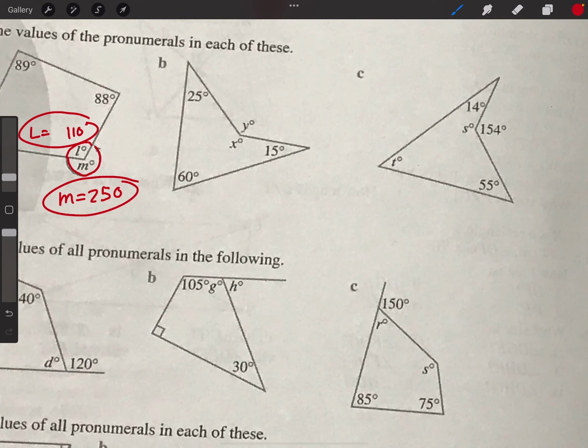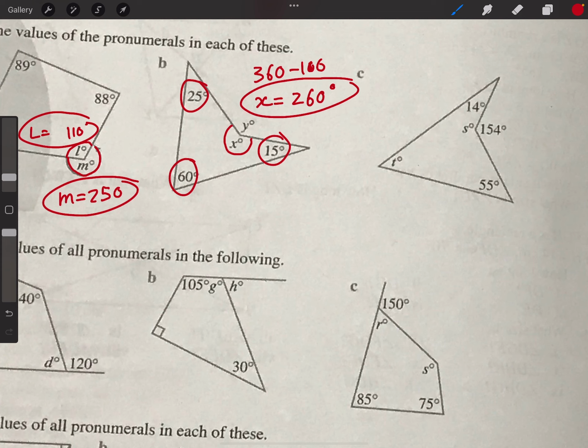Okay, so first in question B, we have to work out what X is. So what's 25 plus 15? That's 40. 40 plus 60 is 100. So 360 take away 100, X is equal to 260 degrees. There you go. And also we know that X plus Y gives us a full revolution.